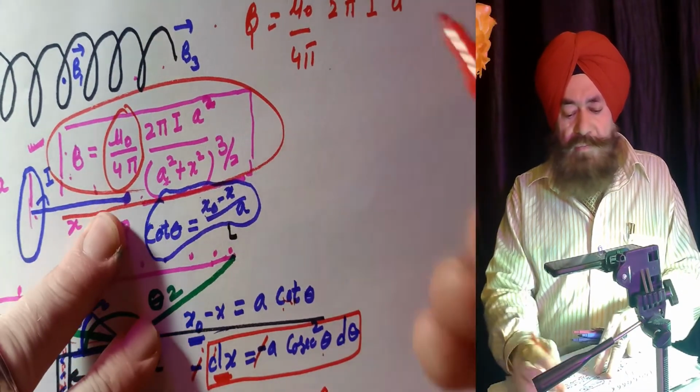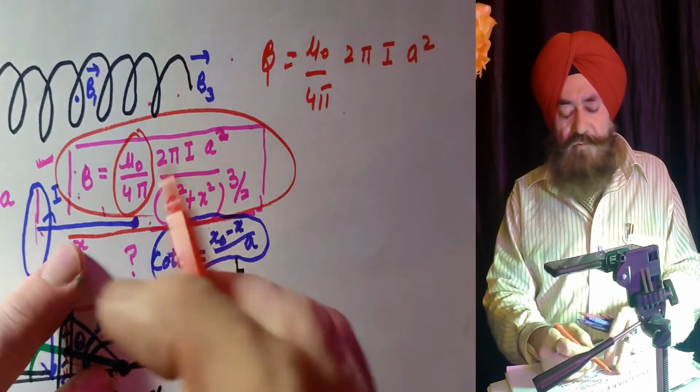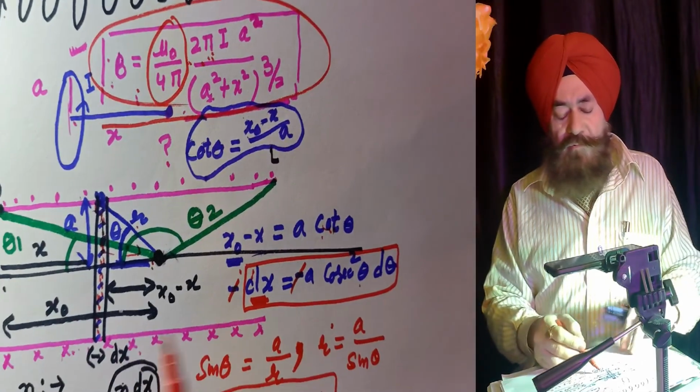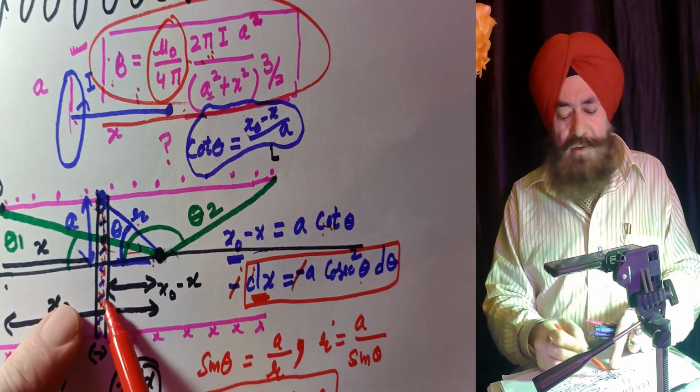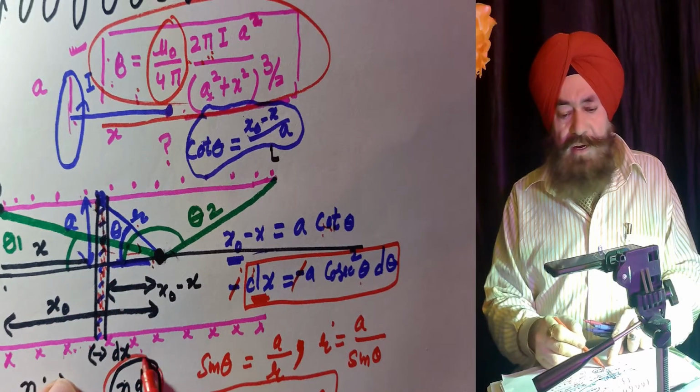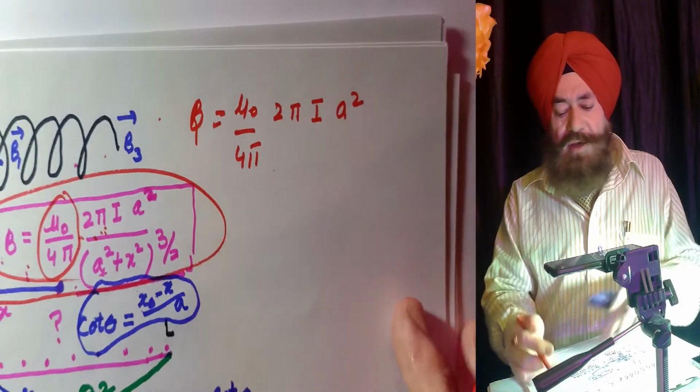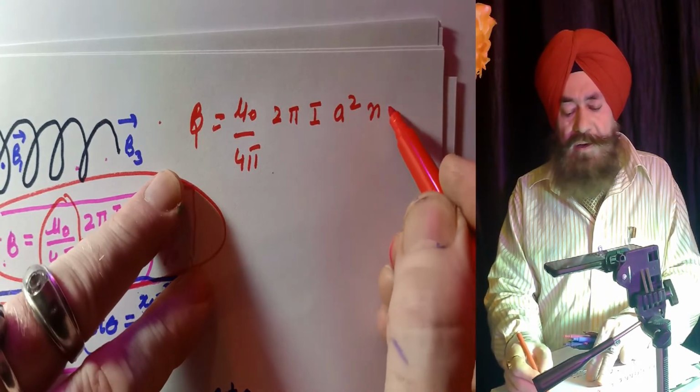Moreover, because this is the formula of field for one loop, and the number of loops here is n dx, I have to multiply this by n dx.